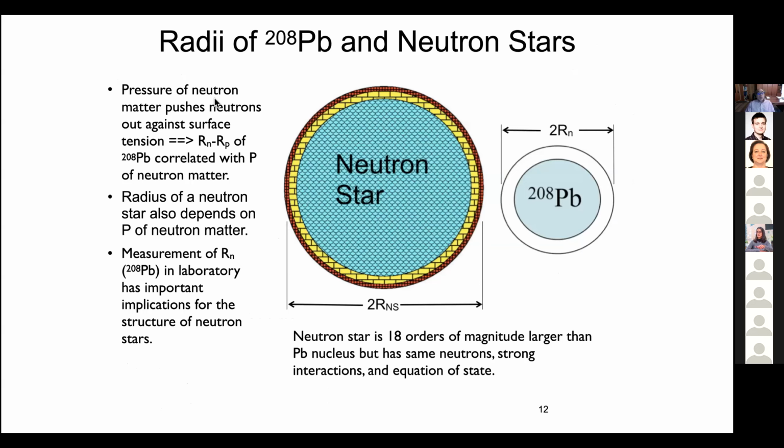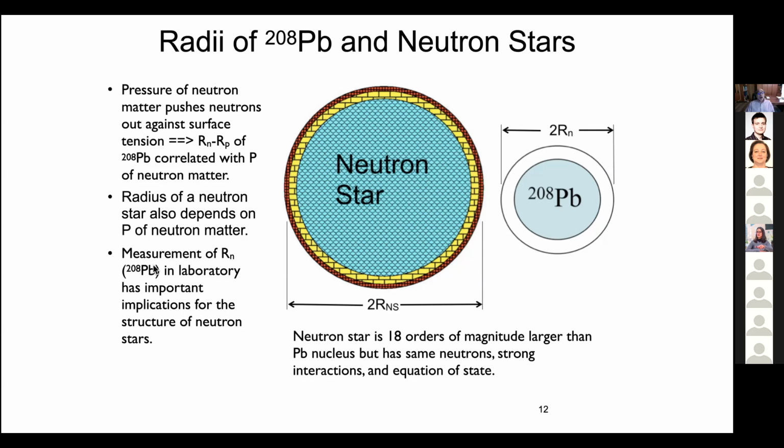So the pressure of neutron-rich matter pushes neutrons out against surface tension. A thick skin in lead-208 is correlated with a large pressure for neutron matter. That same pressure holds up a neutron star against gravity.